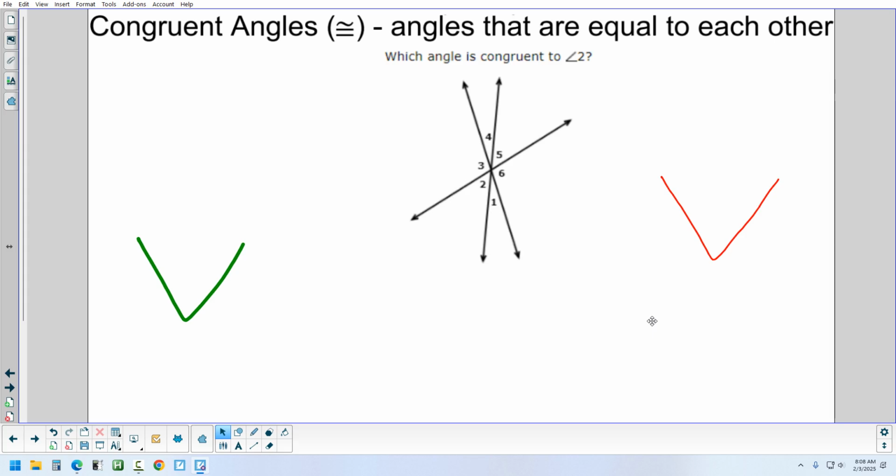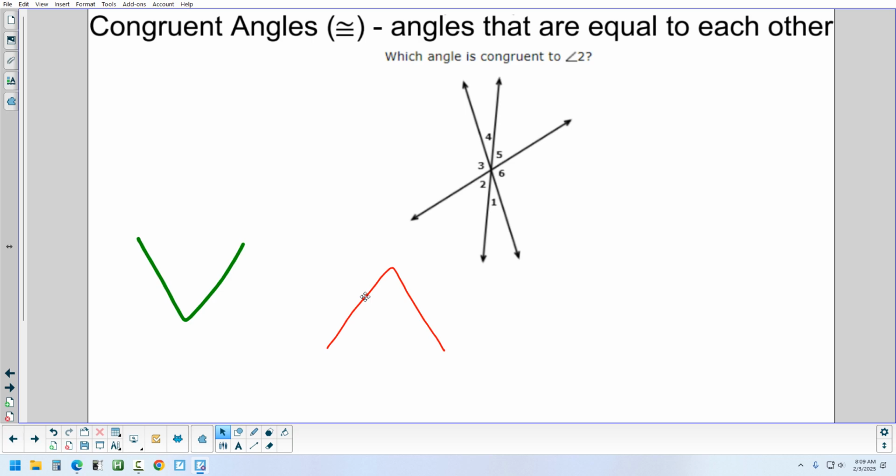Now, if I took it and I rotated it and put it like that, they're still congruent, but now they're also vertical because of the way I positioned them. Here, they're still congruent, but they're not vertical anymore because they don't make an X shape.